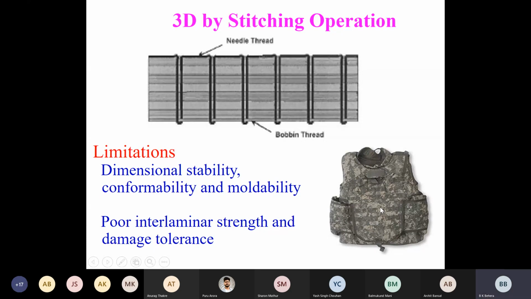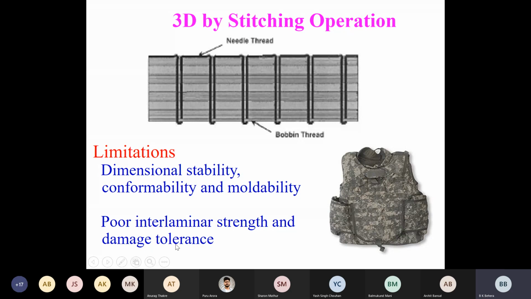We must be able to give it a shape. So if we take a 3D or thick structure by this technique, then the structure lacks these properties: dimensional stability, conformability, and moldability. Poor moldability, poor conformability, poor dimensional stability.